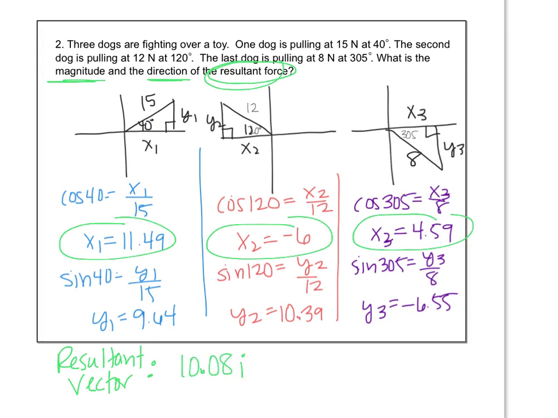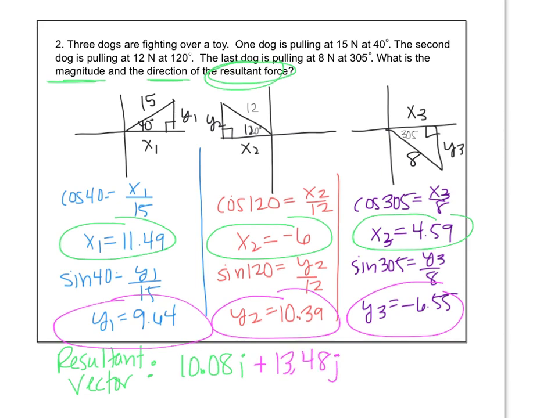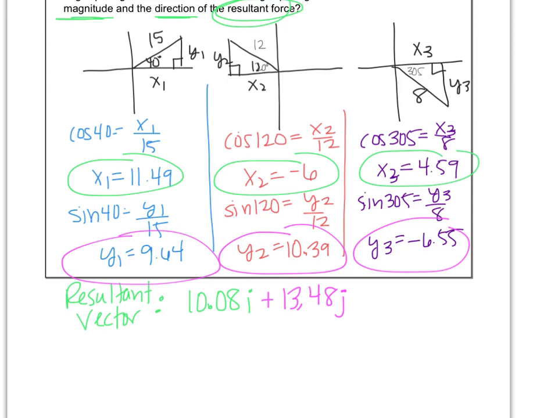And then I'm going to put all of the y numbers, all the vertical components together to find the resultant part for the vertical component. That's plus 13.48j. So that is the resultant vector.